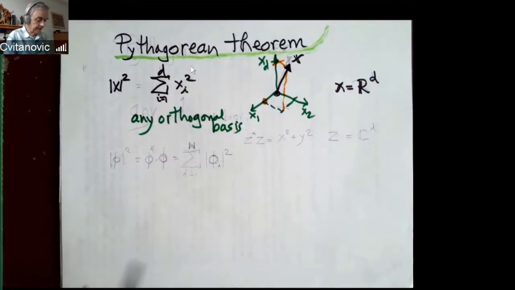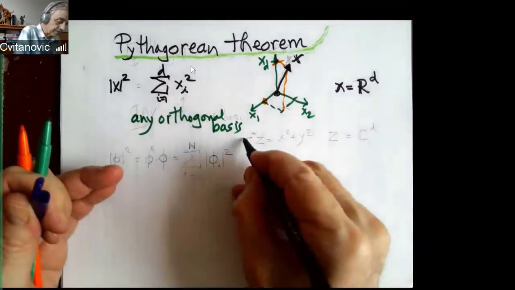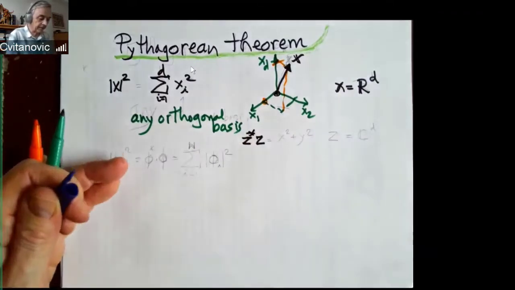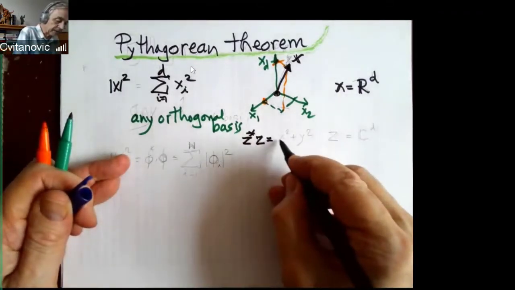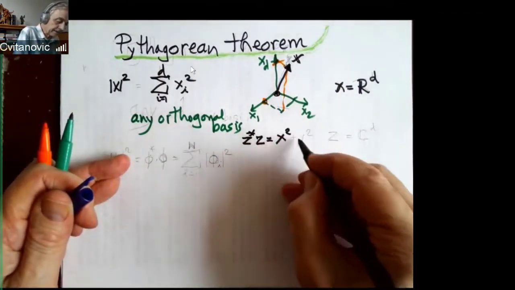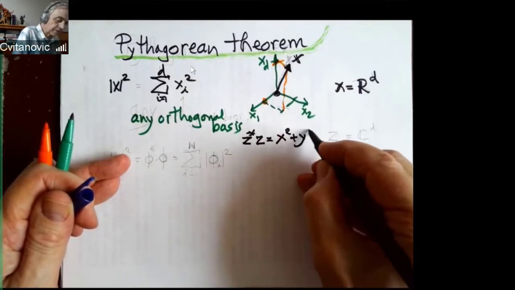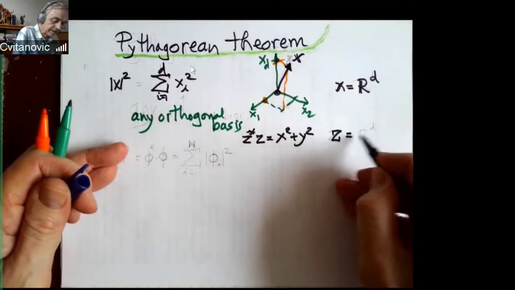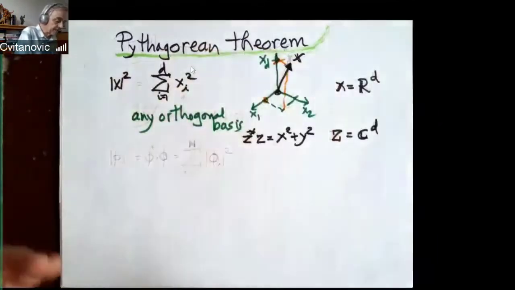This we very easily generalize to complex numbers, because once you realize that you can define the length of the vector in a complex plane by adding real and imaginary components together, where z is in C, then this immediately generalizes.